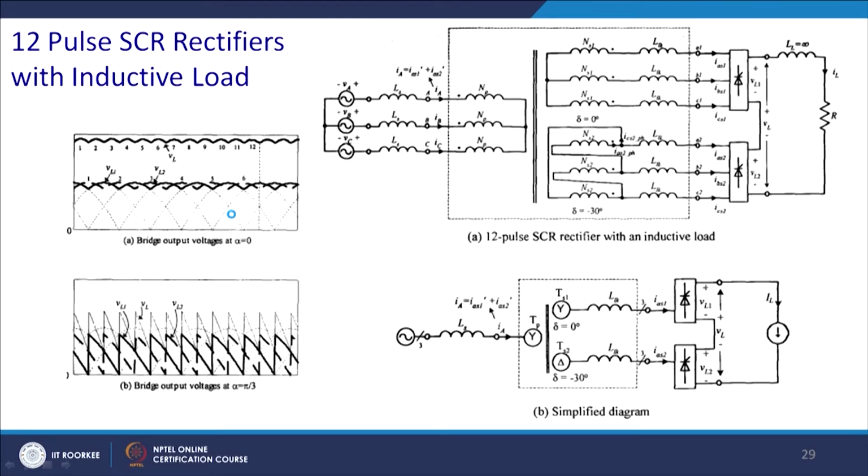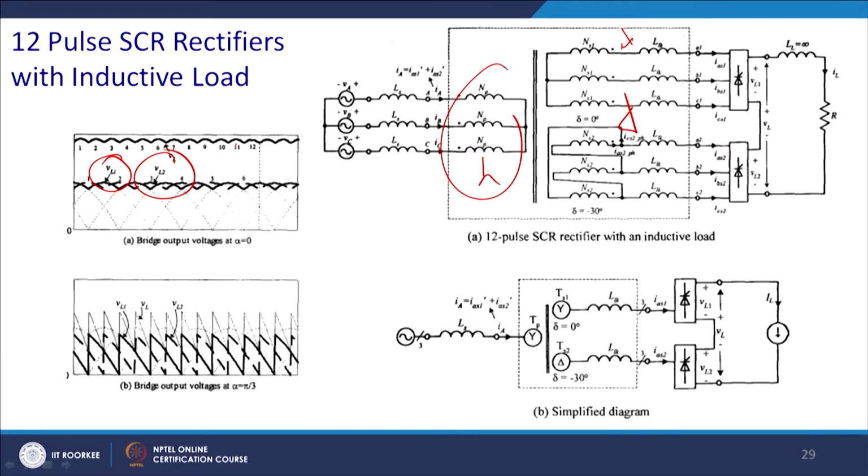So, you have to impose the star, and this is the star and this is the delta. So, this part is star and this part is also star, but mind the dots, and this part is delta. Ultimately you will have a 12 pulse in the cycle consisting of VL1 and VL2, and thus what will happen?